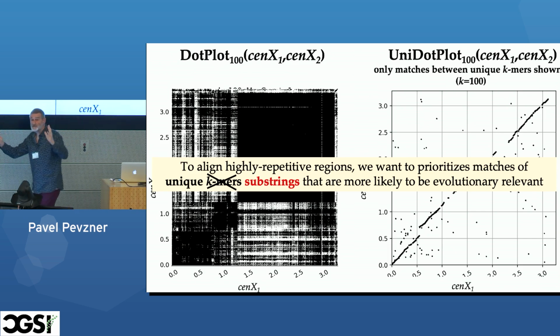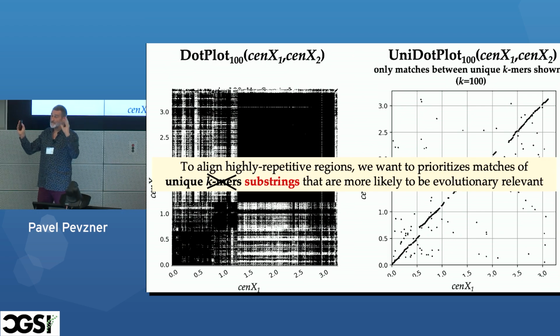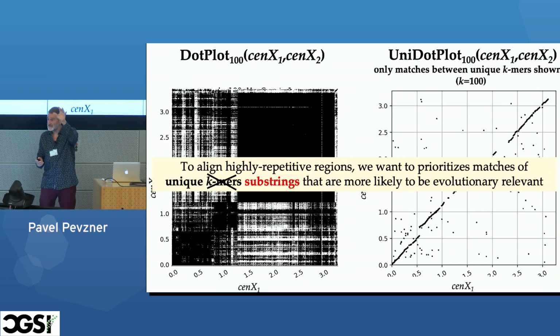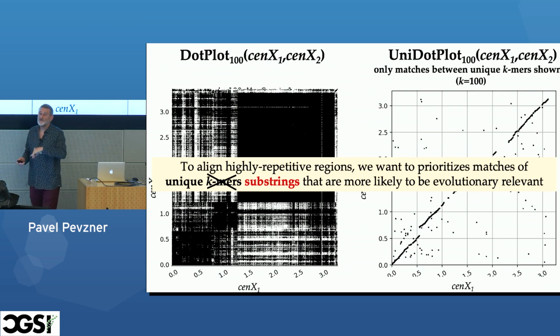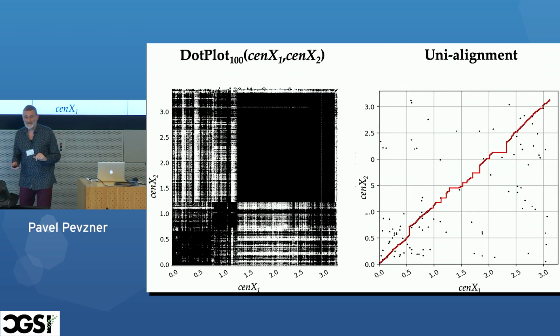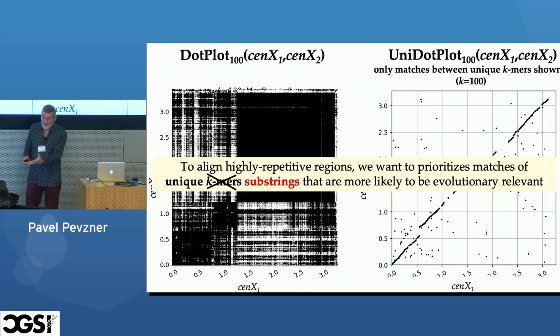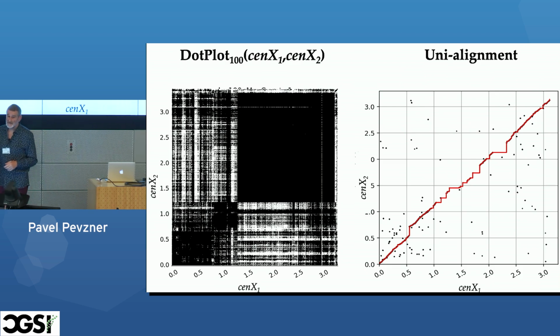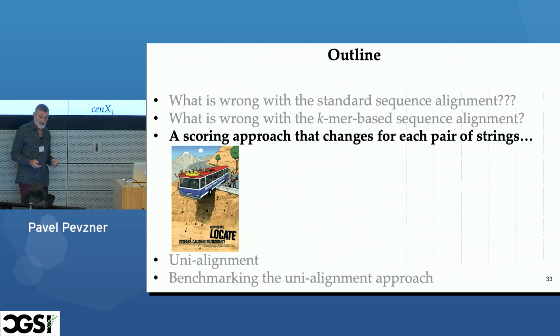If a substring appears once in one genome and once in another, most likely the substring exists in the ancestor, and that's why they are orthologous. We can turn unique into rare, but for the sake of this talk, let's talk about unique. It's simple. And since the dot plot now makes sense, we can construct alignment by chaining these unique k-mers.